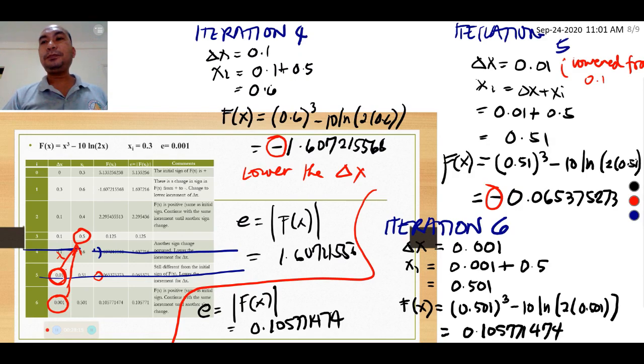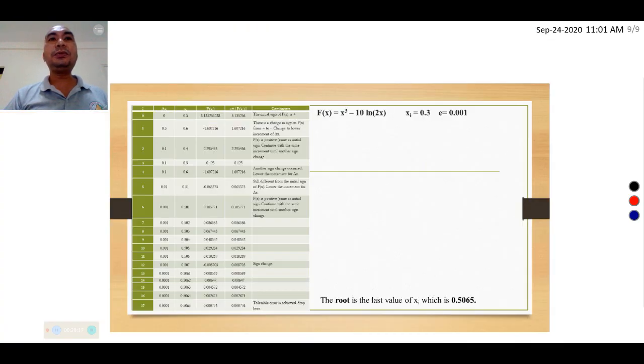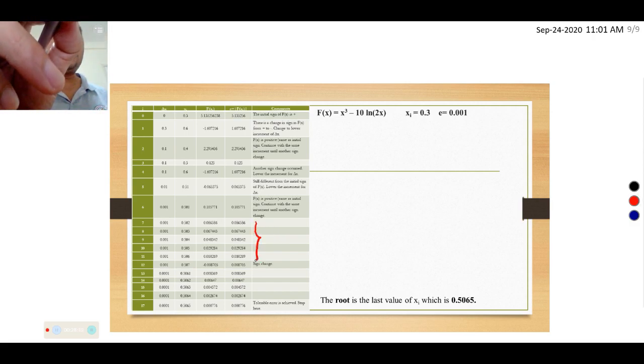So you have to continue to solve for the root, maintaining the values which are positive. If you have noticed, in iteration number 7 to iteration number 11, there is no change in sign. The values of f of x here are all positive.